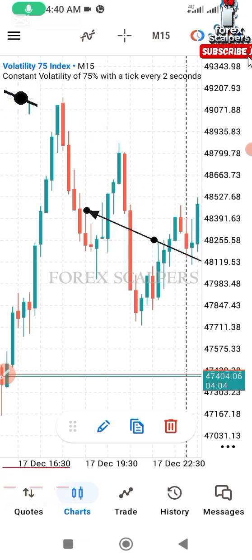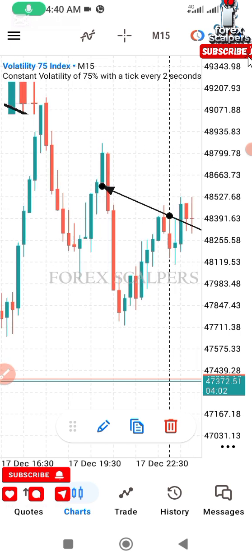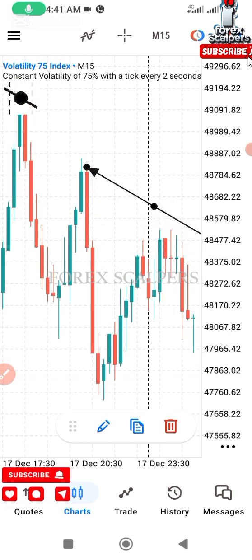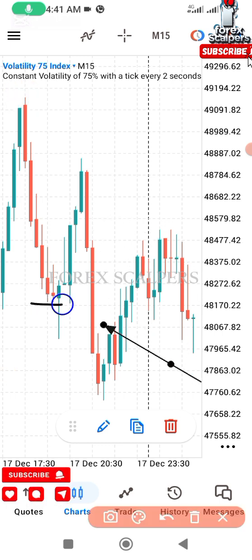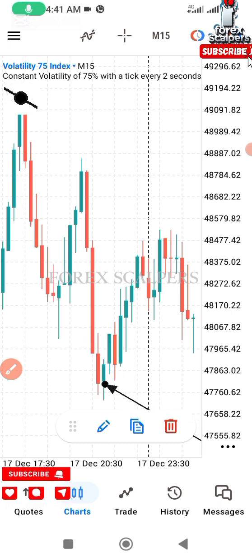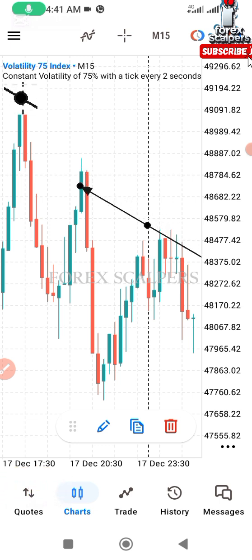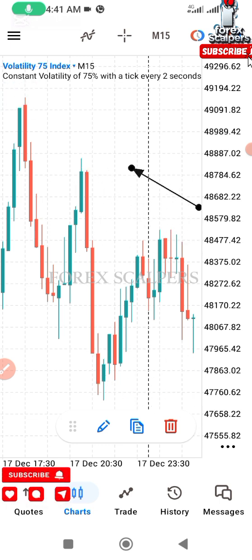After this move, price came, gave us a low, went back to create a new lower high. After this lower high again, price came down, took away this liquidity, and then created a new lower low here. So what is the last order block? The last order block is this bullish candle here before price created a new low.